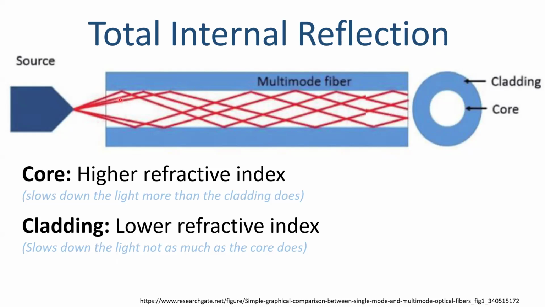So the light would bounce off the slippery surface. Each mode, each beam would bounce off at a different angle. So each beam would take slightly different time to get to the end. There would be some modes or beams that travel in a straight line, so they will cover the least amount of distance, so they will get to the destination faster, quicker.